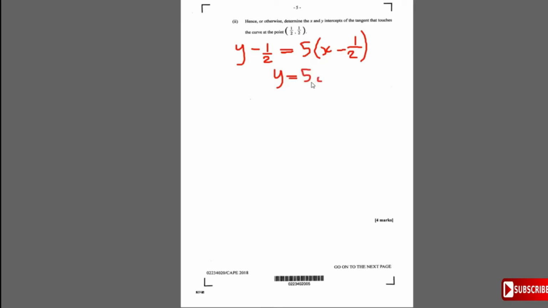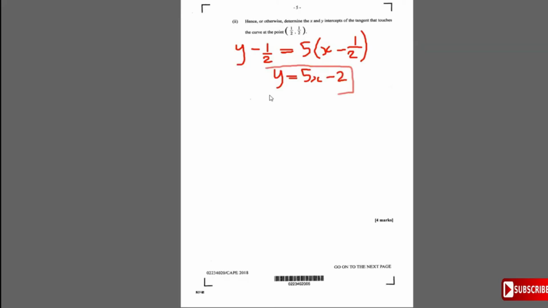Then I have 5 times minus a half, which is minus 5 over 2. And I add a half to minus 5 over 2, so 0.5 plus minus 5 over 2, and I get minus 2. So the equation of the tangent is 5x minus 2. That's the equation of the tangent.